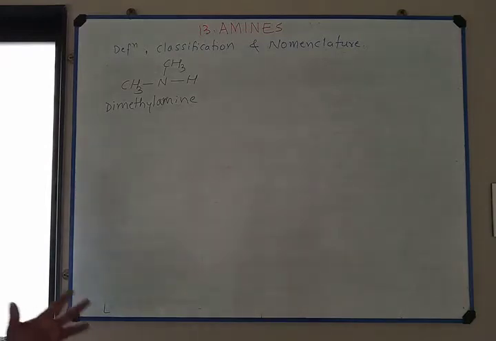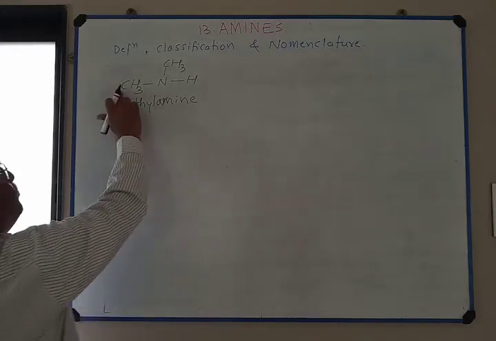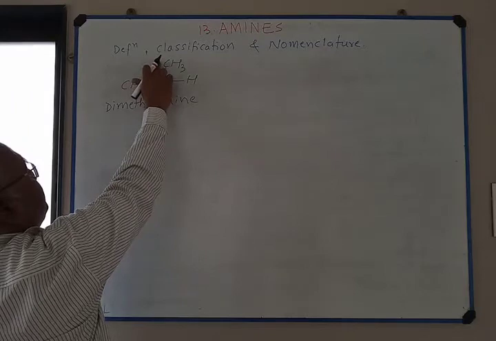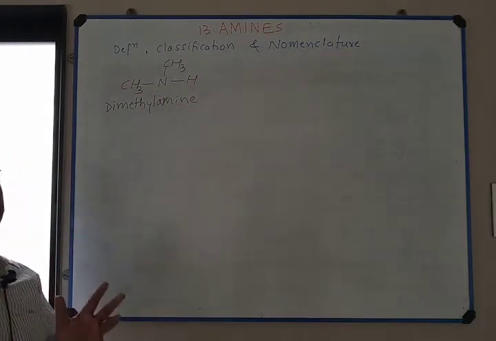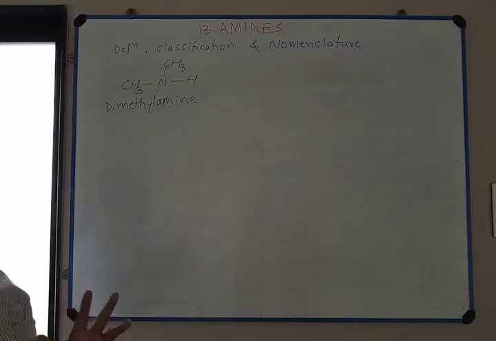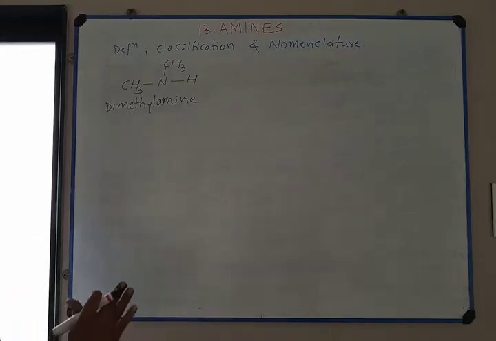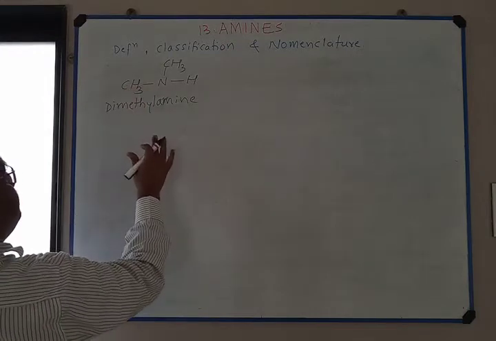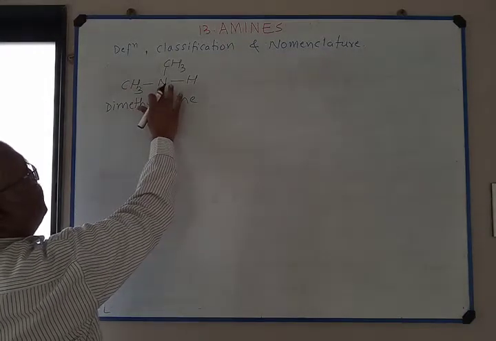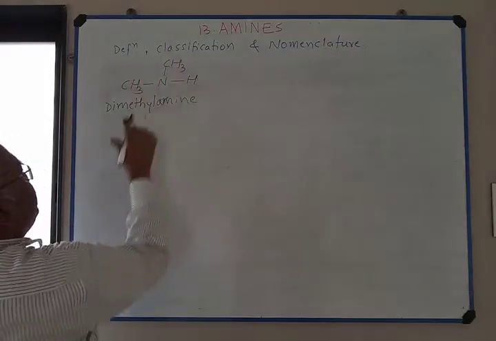Now how to write the IUPAC name for this compound? Look here, this is methyl group, this is methyl group. It is simple or symmetrical amine. It is a derivative of methane. To this nitrogen, methyl group is attached.